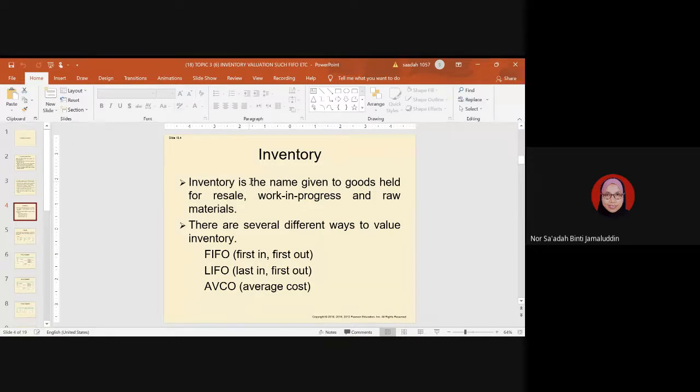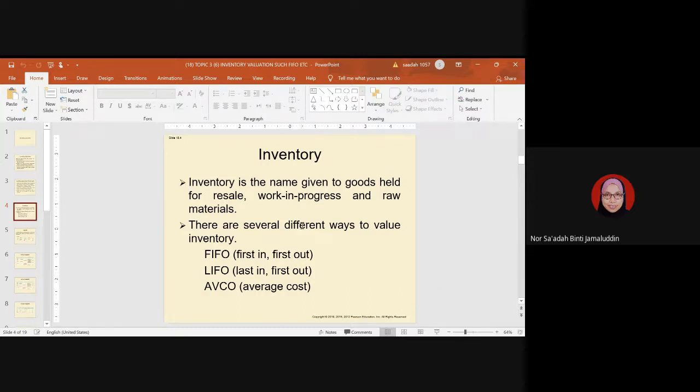Inventory is the name given to goods held for resale, jual balik, work in progress, and raw materials. Sometimes kita jual hasil dalam proses, ataupun sometimes kita jual barang raw materials. Contohnya setengah orang buka kedai kek, kita jual benda-benda yang nak buat kek, tu adalah raw material.